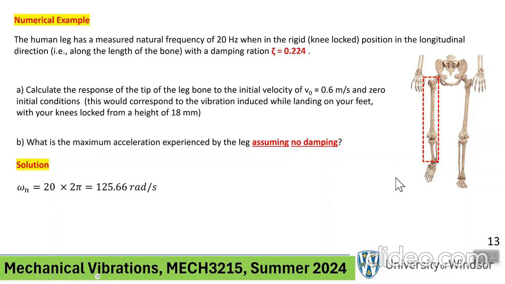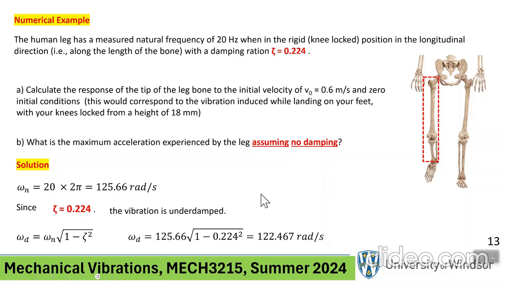Now we know zeta, underdamped, so we have an omega d. Plug it in. There is the omega d. We calculated omega n. We were given zeta. Just plug it in, and you're going to get omega d equal to 122.4.